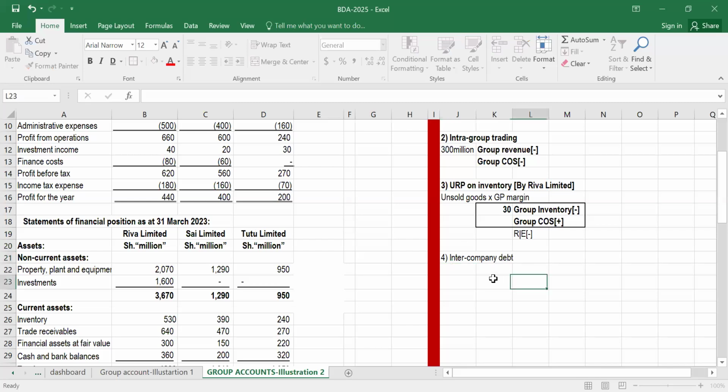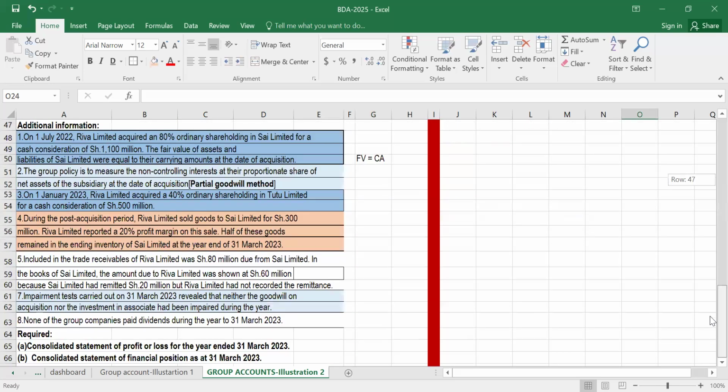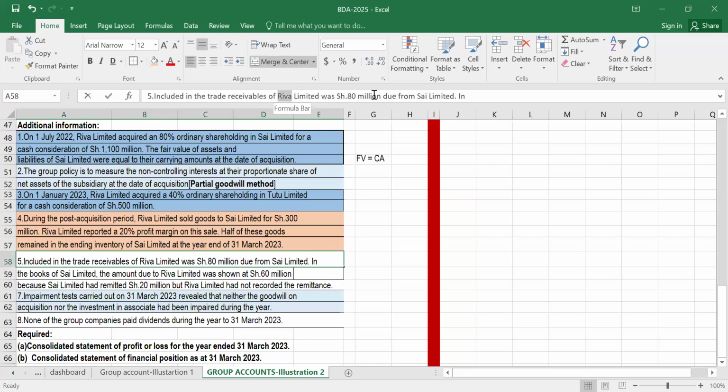So as far as this amount of intercompany debt is concerned, maybe we can first of all summarize it. We are told included in the receivables of BV. So if this amount is included in the receivables of BV, it means that BV Limited was expecting 80 million from ZQ. If I owe you money, then to you that is the receivables. It means that you're expecting money from me.